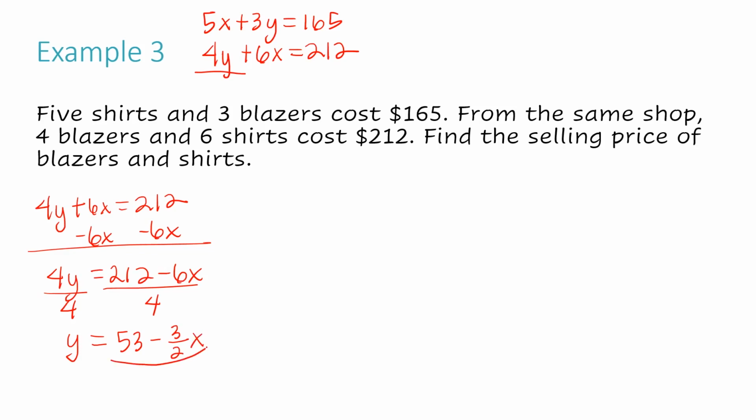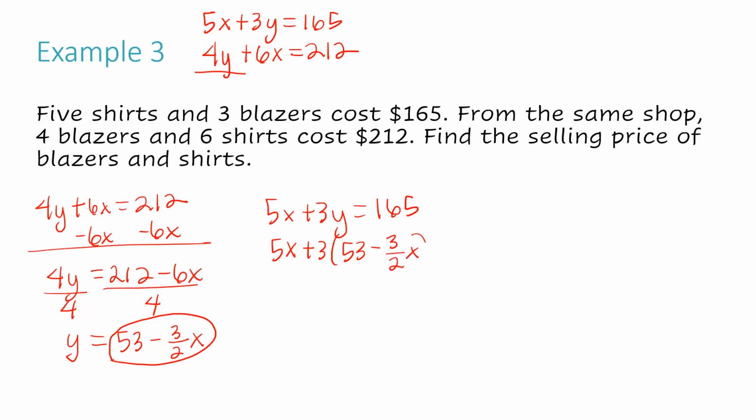Now I'm going to plug this value into the other equation. 5x plus 3y equals 165. Okay, I'm at the y. Instead of writing y, I'm going to write what I calculated y to equal, which is 53 minus 3 over 2x, and that equals 165.